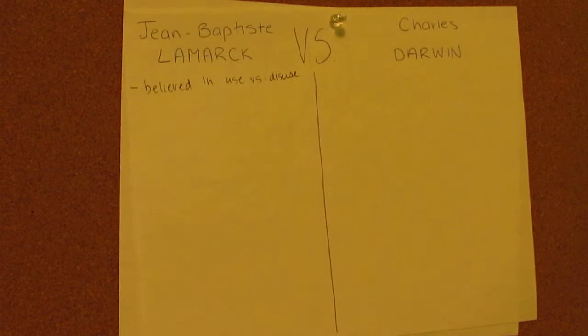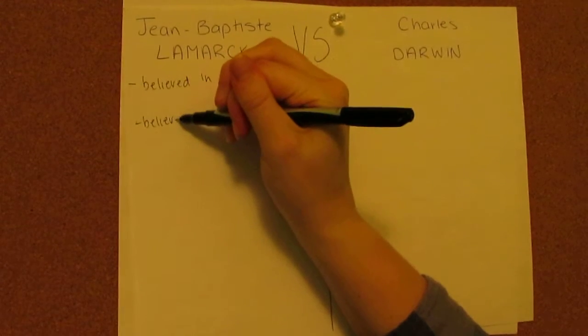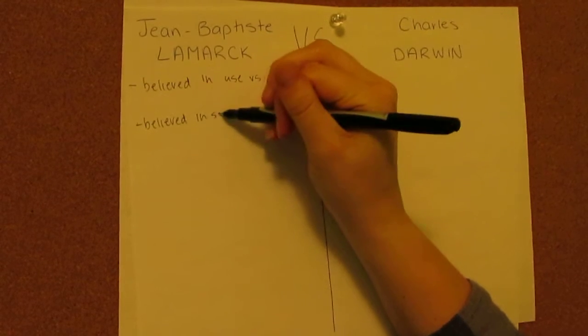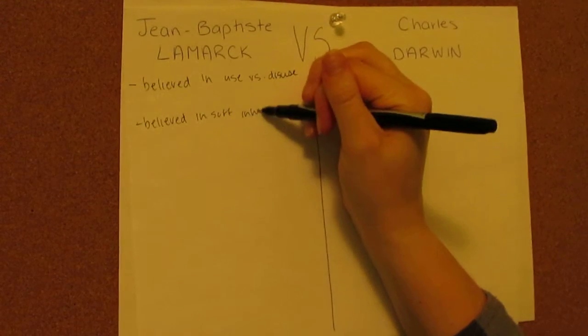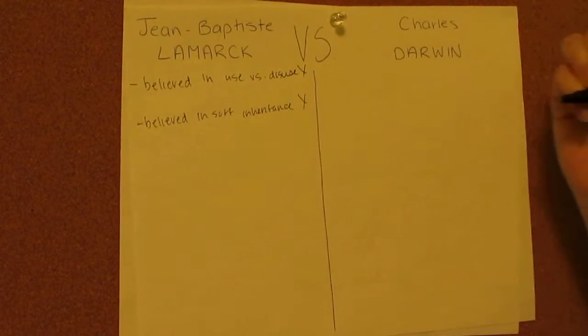So say that an organism didn't use its hind legs for some reason, then that would be the reason that structure would not be functional anymore. In fact, that is not the case. This does not happen. He also believed in soft inheritance, which we just discussed, and that does not happen as well. So these are both wrong.